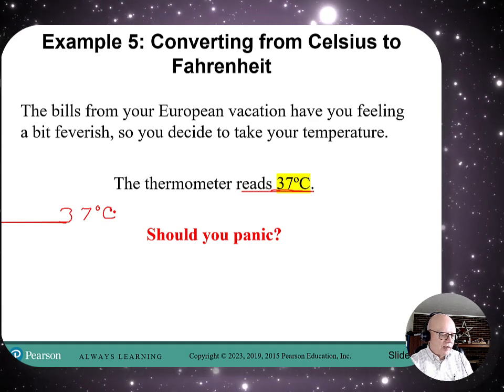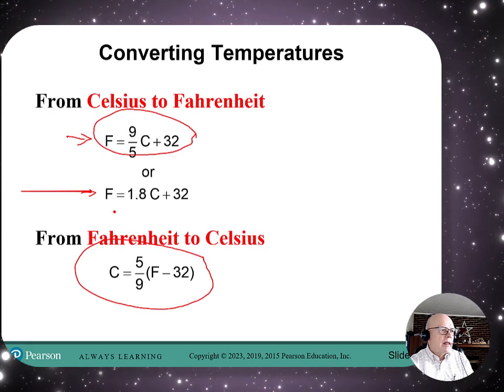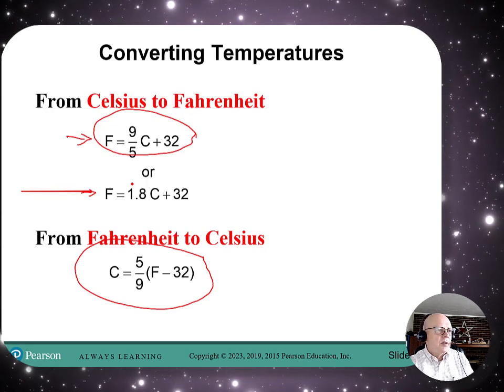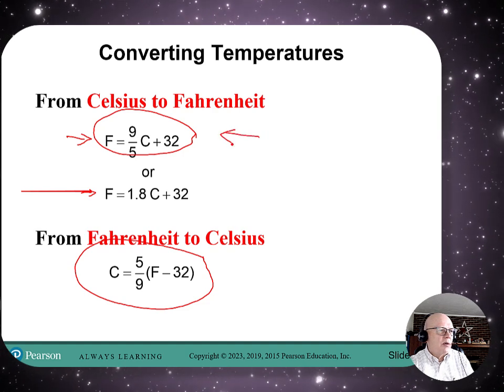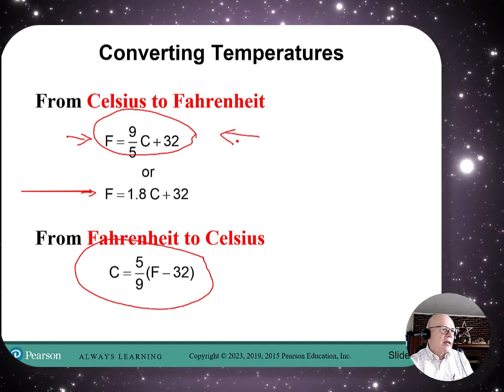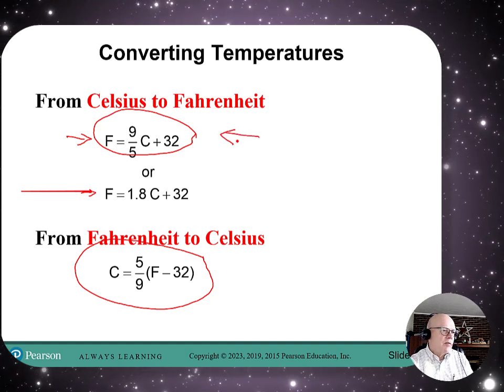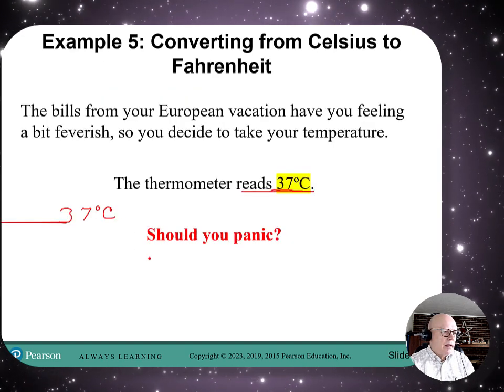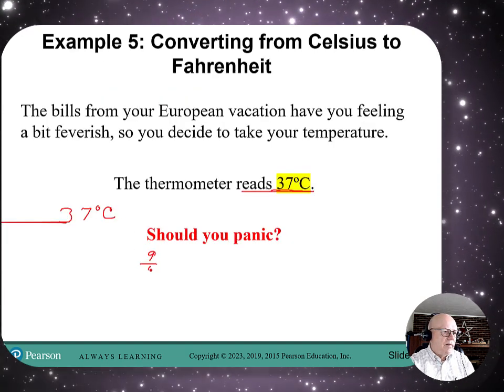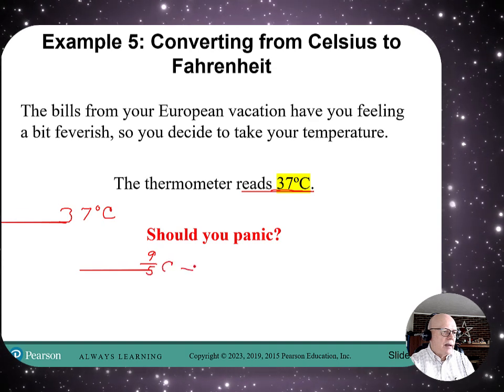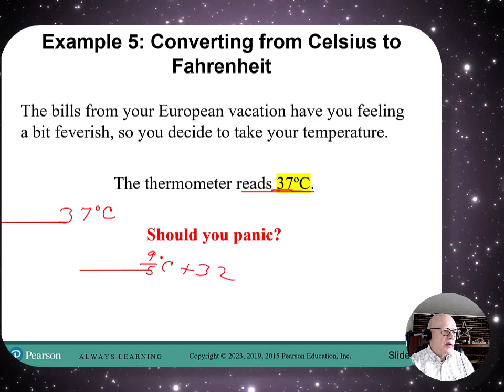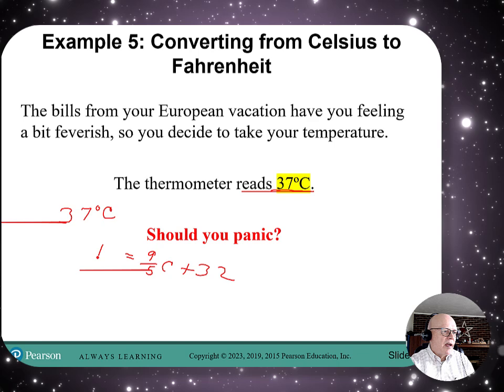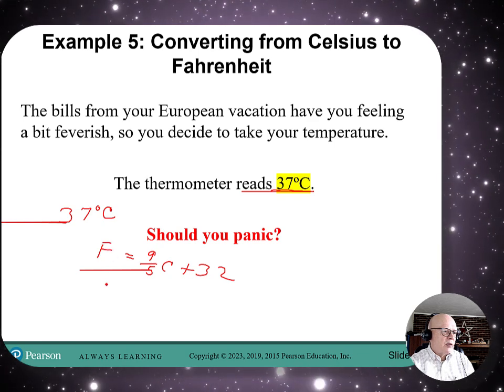We want the Fahrenheit. So to get Fahrenheit, we'll use this formula right here, 9/5 C plus 32, and that will give us our Fahrenheit temperature.